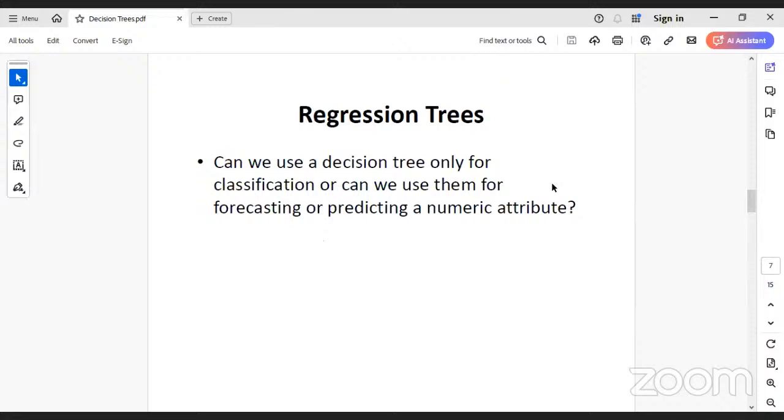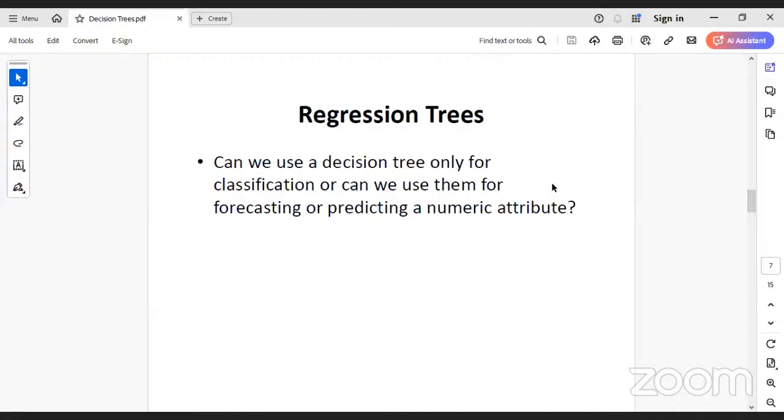So we have started with how a decision tree looks, how a decision tree is constructed. Then we have seen the advantages of decision tree, and also we have learned about classification and the second one is regression type of problems. These two come under predictive analytics. So predictive is divided into regression and classification problems.